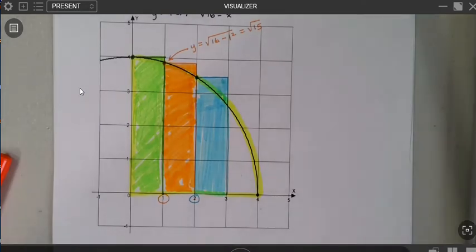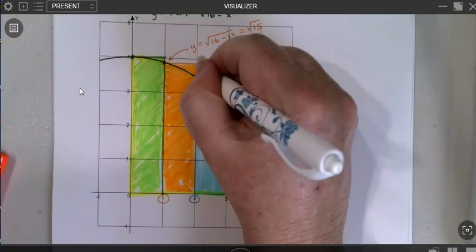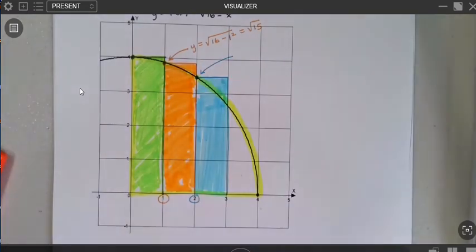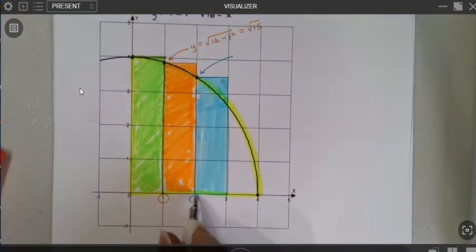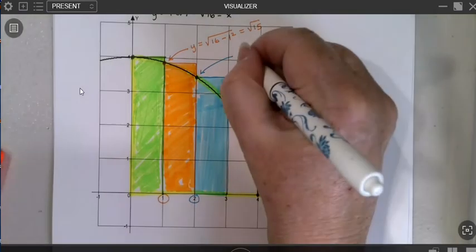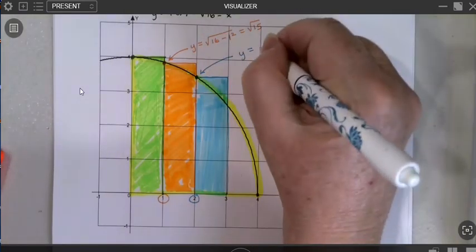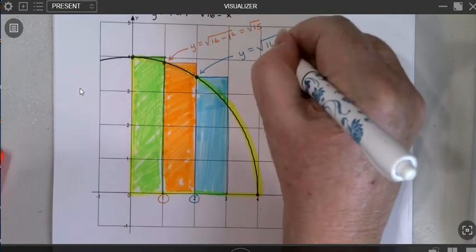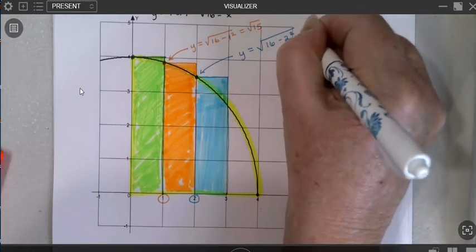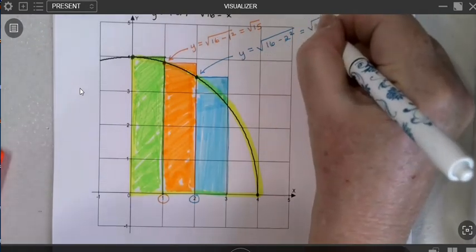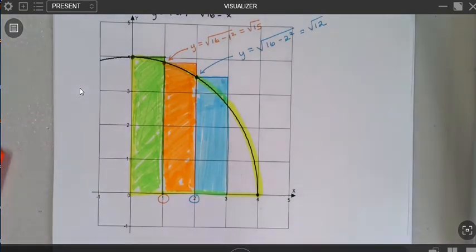All right, I'm going to want the area of that blue rectangle, and to get that, I need that y value, which occurred when x was 2. So plugging 2 into my function, I would have the square root of 16 minus 4, or the square root of 12.